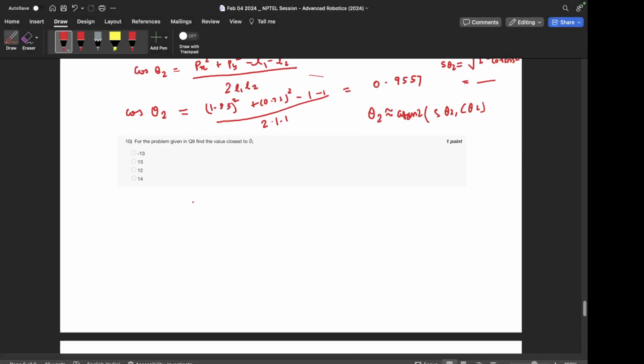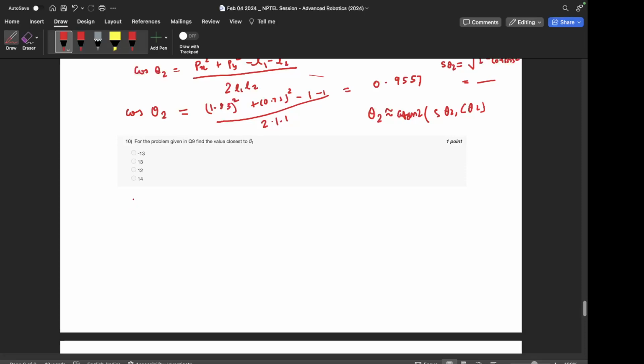Now, for the problem given in Q9, find the value closest to theta 1, right? One way to do it is to use the analytical expressions derived above and evaluate the value of theta 1. Another approach can be a numerical approach, so let me just introduce the numerical approach here.